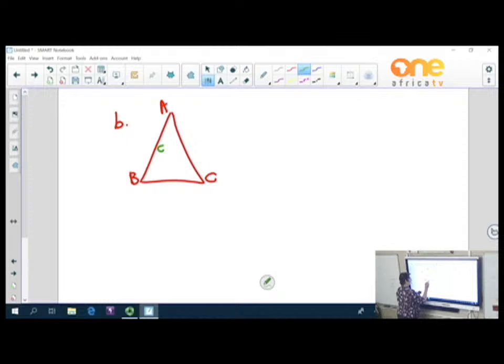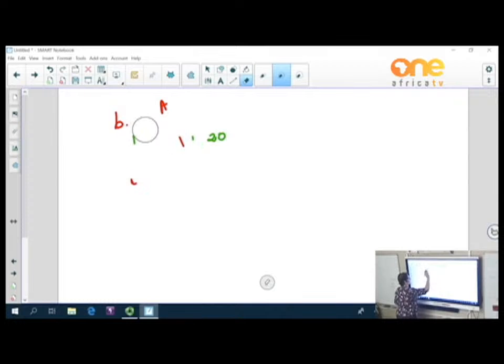This is C, this is A, this is B. So C is 13, B is 20, and C is 35 degrees. And we have to find angle B. Now, this is not the right one here. Let's just redo this one.